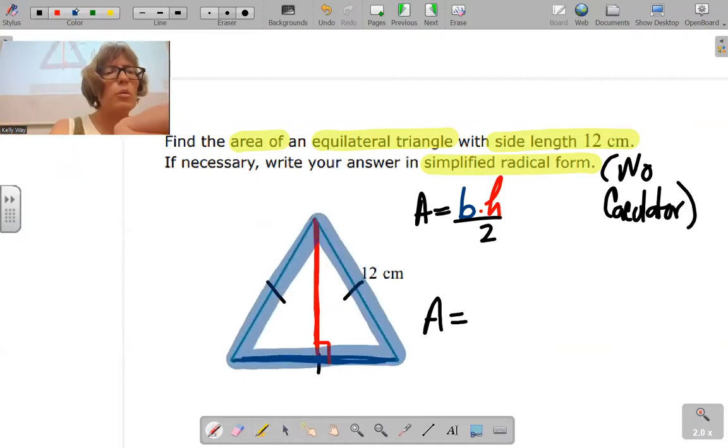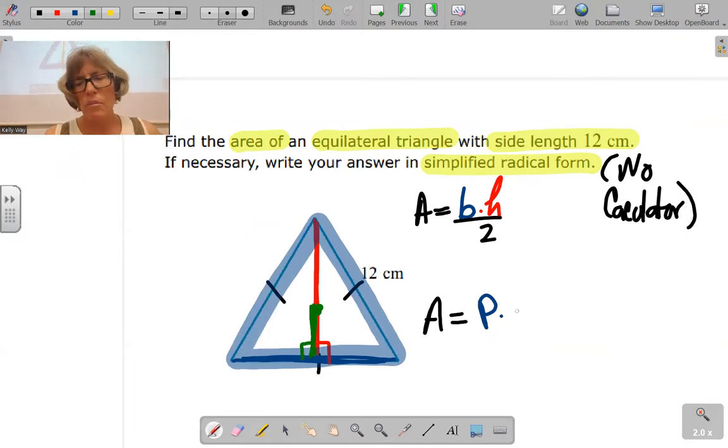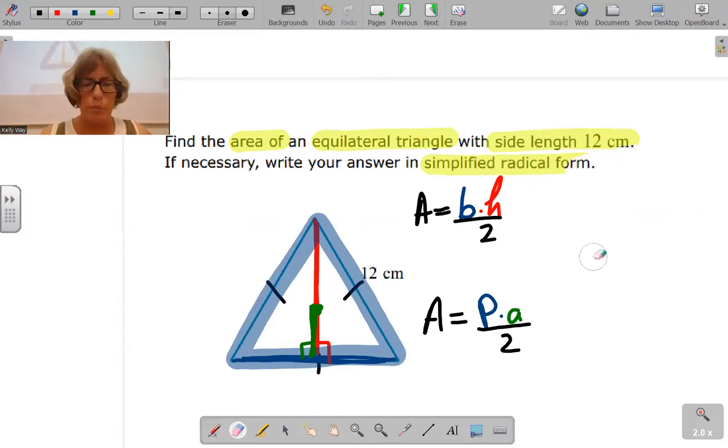And that one would be perimeter times apothem, and the apothem would go like this, from center to edge. So it'd be the green, perimeter times apothem, over 2. I'm going to show you how to do it both ways. Obviously, on a test, you may decide which direction you want to go.